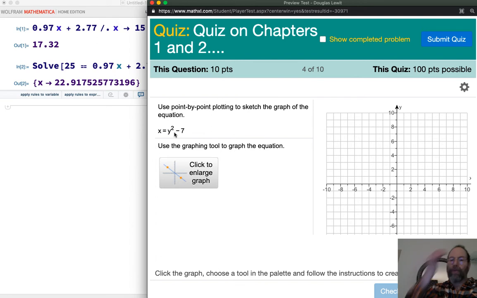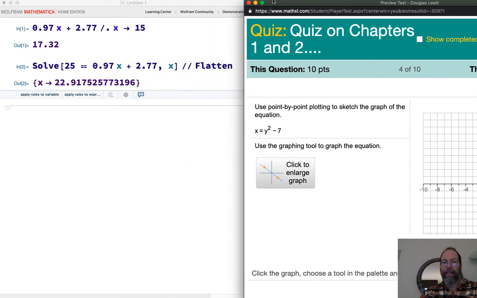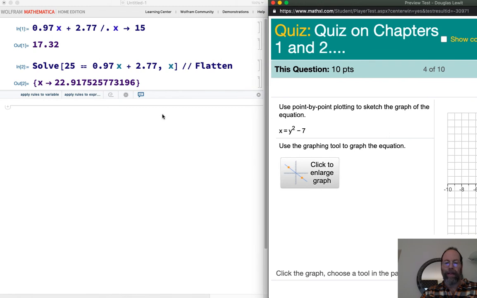Well, actually, no, sorry. Let's do this in a more methodical way. So we have x is equal to y squared minus 7.